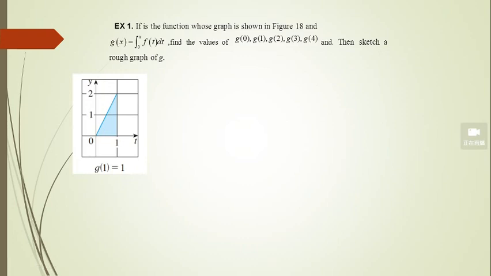As I said, this length is 1, this longer side is 2, so the area of the triangle is 1. And what does g(1) mean? Now try to understand this function's notation. It's a definite integral from 0 to 1 of f(t) dt.